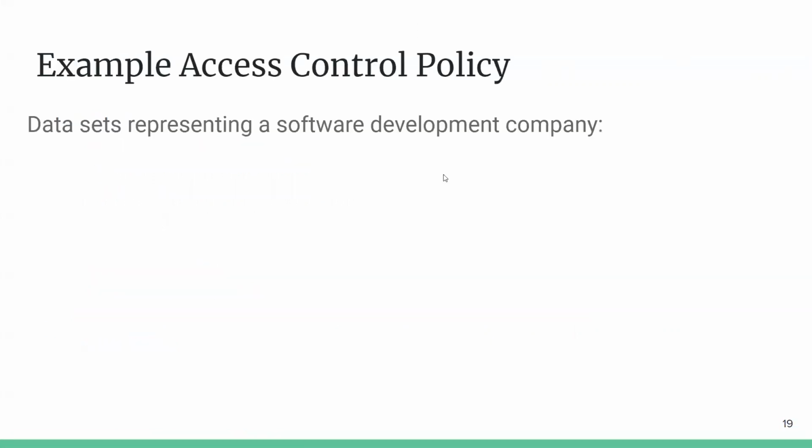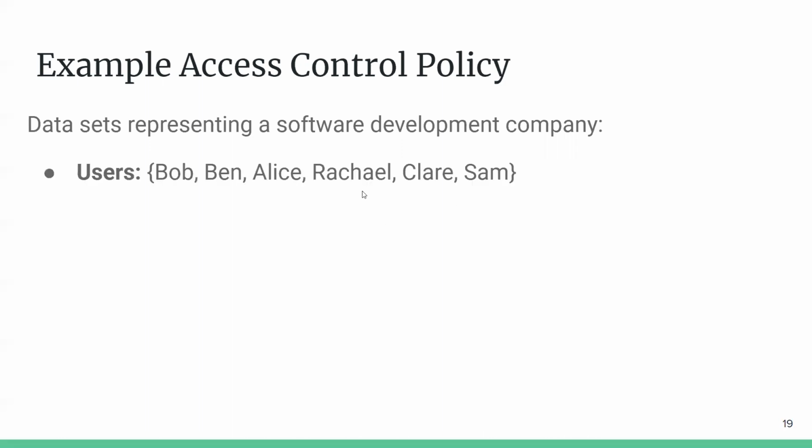And to begin with, we're going to be looking at what are called data sets that we've modeled after a software development company. This is just information that represents the overall components of the GSTRBAC model itself. As such, we have data sets that represent the users. These are just the people that can utilize the system itself.